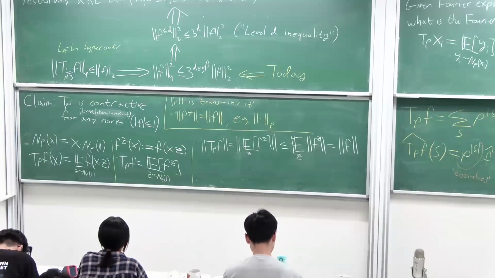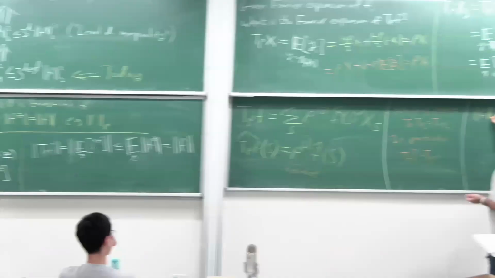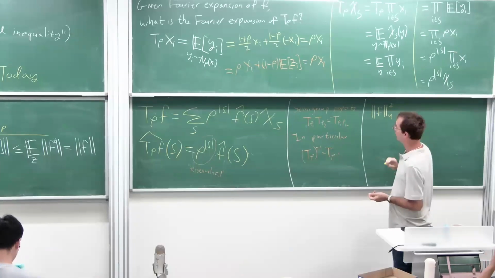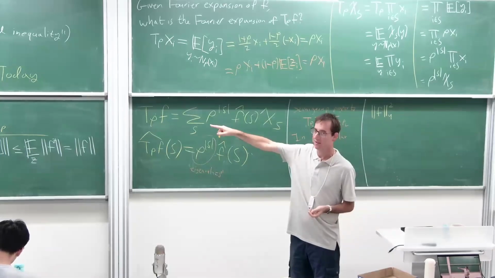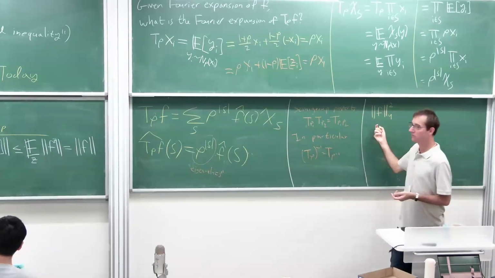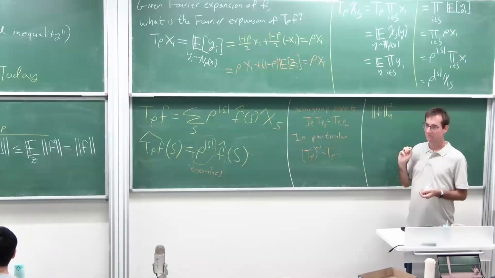Okay, so we want to get a bound on the L4 norm of f squared. We want to use hypercontractivity, but we don't have any T's here, so we need to somehow introduce them.